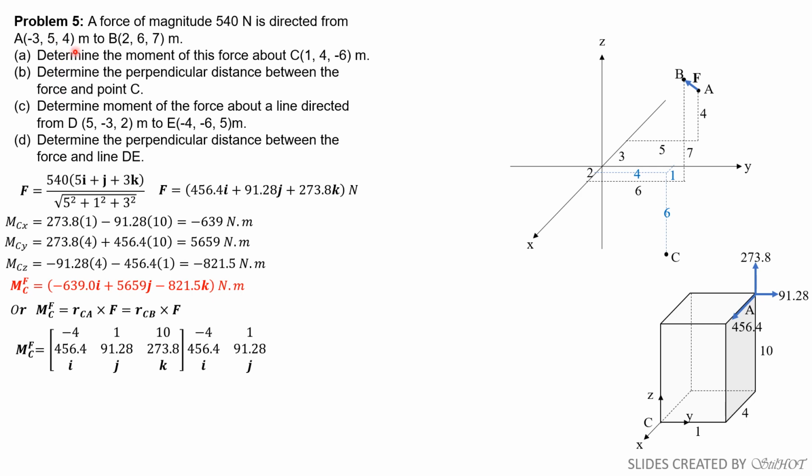Then 5 minus 4 is positive 1. 4 minus negative 6 is 10. So these are the components of the position vector R sub CA.